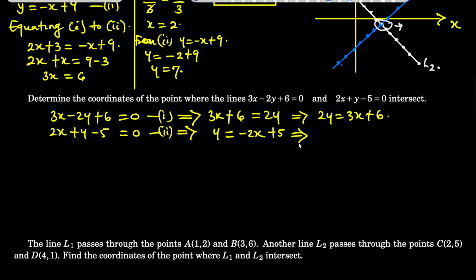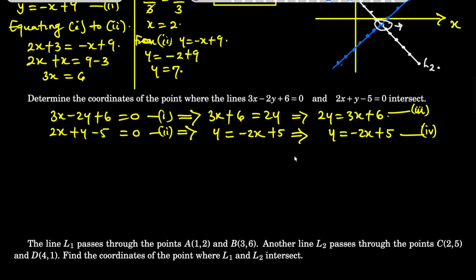So I'm going to have y is equal to minus 2x plus 5. Now this becomes your new equation 1 or equation 2, or in certain cases you find them writing it as equation 3 and equation 4. But remember that your equation 3 is your equation 1 in disguise, and the same thing goes for equation 4, it is equation 2 in disguise.